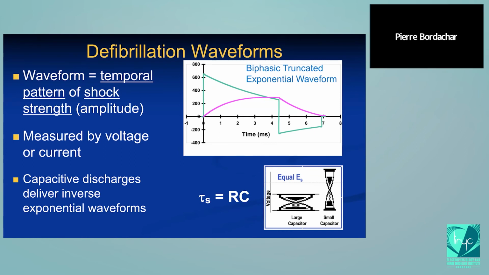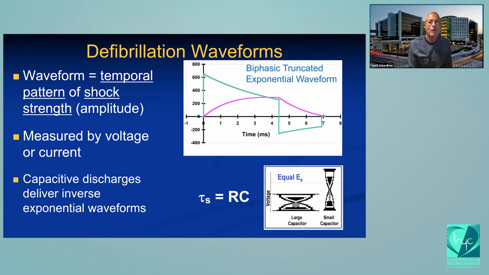Okay, what are defibrillation waveforms? Waveforms are the temporal pattern of the shock, measured either as voltage or current, and how we plot that over time. In green, we have the shape of a typical defibrillator waveform, which is the waveform you get when you discharge the shock capacitor, as we talked about earlier.